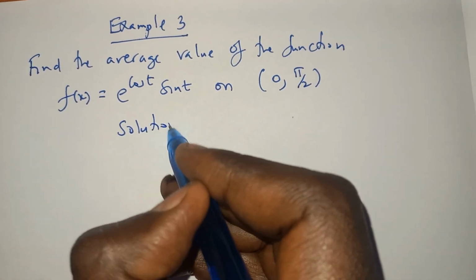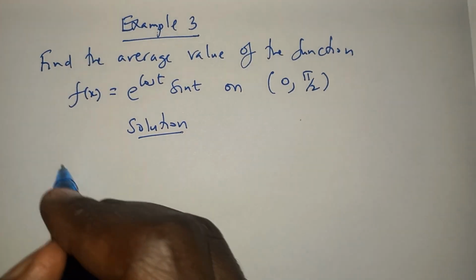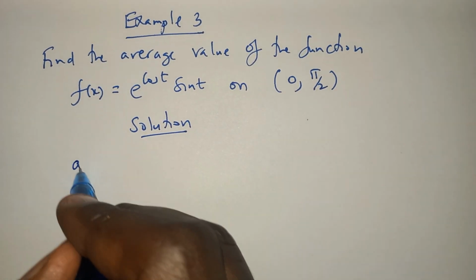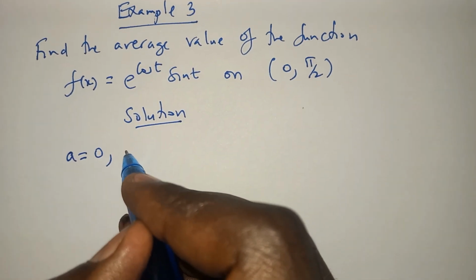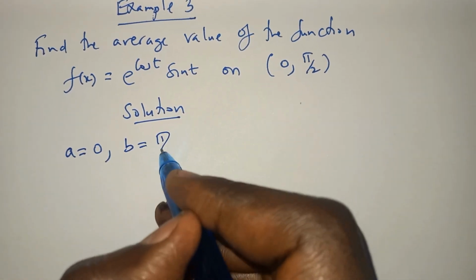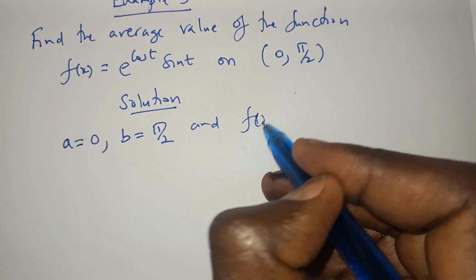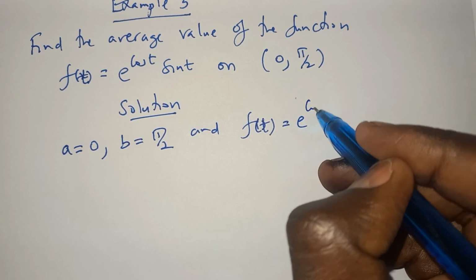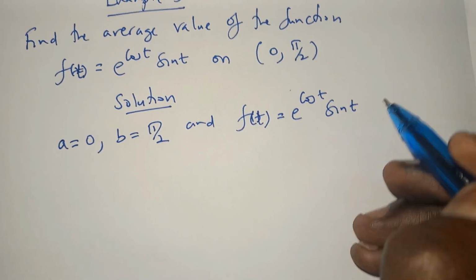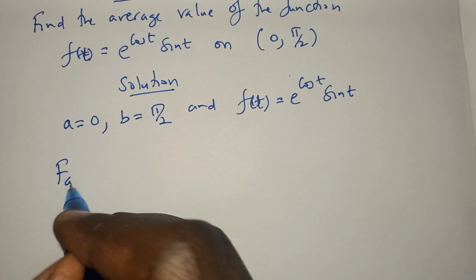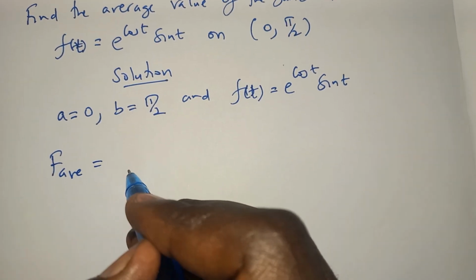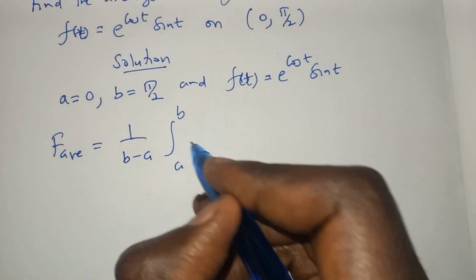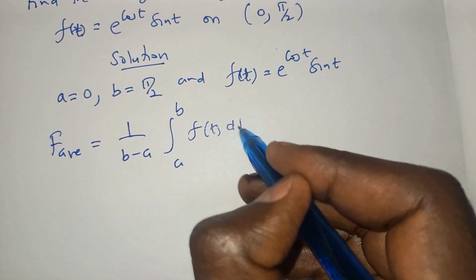Now, what is the solution for this? As we did in the previous examples, we need to identify our a, which in this case is 0, our b is pi over 2, and our function, which is f of t, is e raised to the power cos t times sin t. So the average value of the given function in the given interval will be 1 over b minus a, integral from a to b of f of t dt.